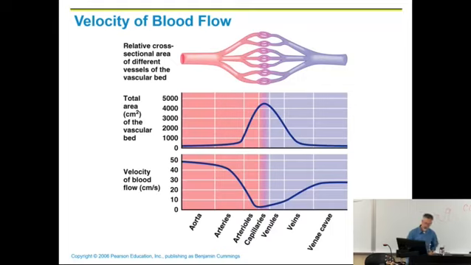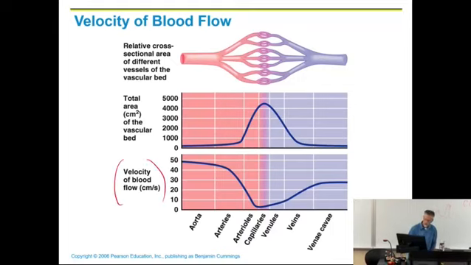And so if we look at the velocity of the blood, you can see how the velocity drops, right? This isn't pressure. This is centimeters per second. This is like miles per hour. This is how fast we're going through. Notice it drops as we get that resistance going, smaller and smaller vessels.